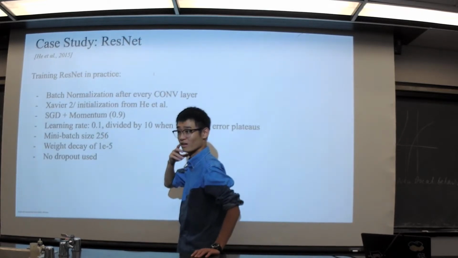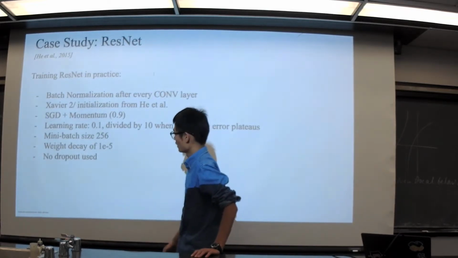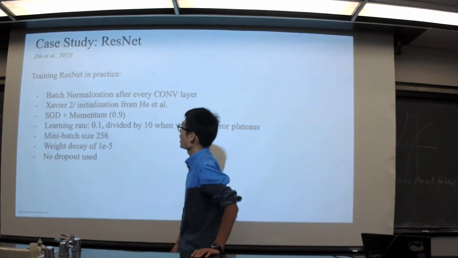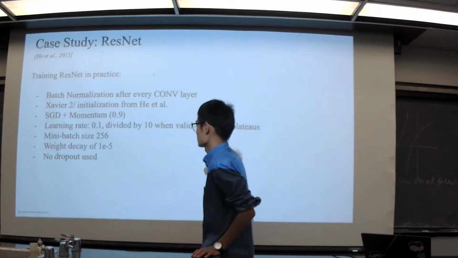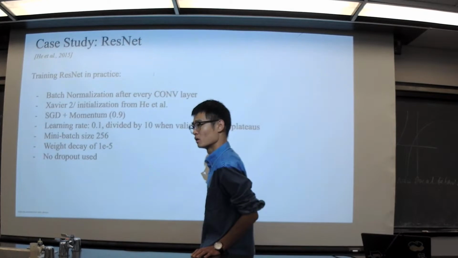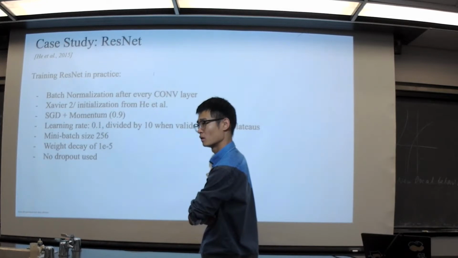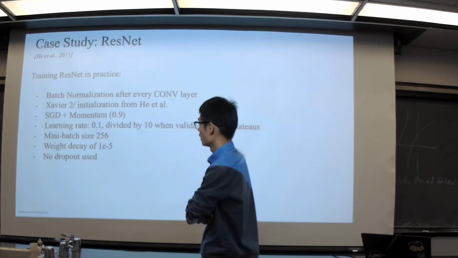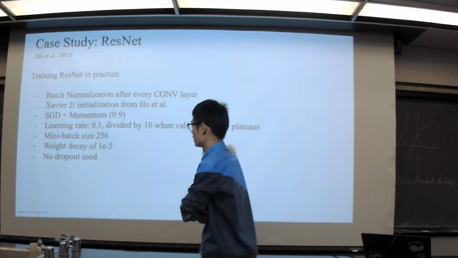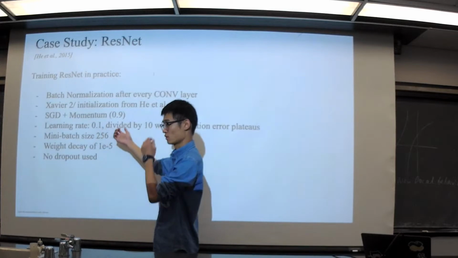Isn't that for normalization? For batch normalization. But I've seen you use the weight decay when he was talking about it, because you multiply the weight decay by the weights squared. You mean the loss?